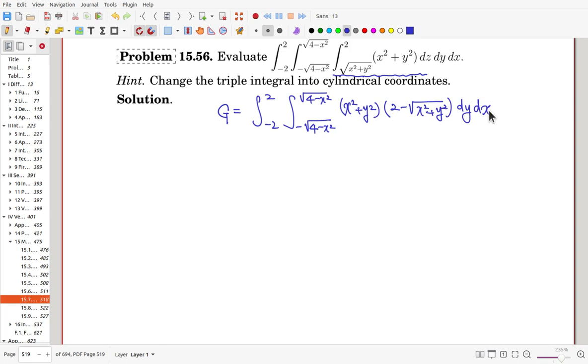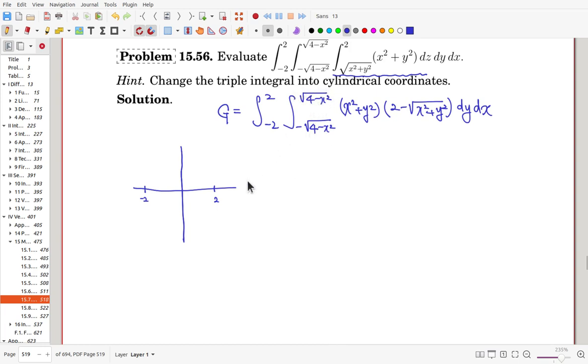Now we have to solve this remaining portion, but it's not easy. We may try to visualize this region. x is moving from -2 to 2, and for each x there is a bottom y and a top y.